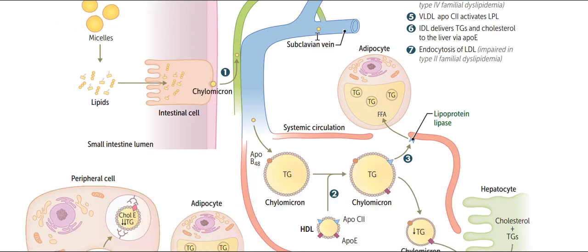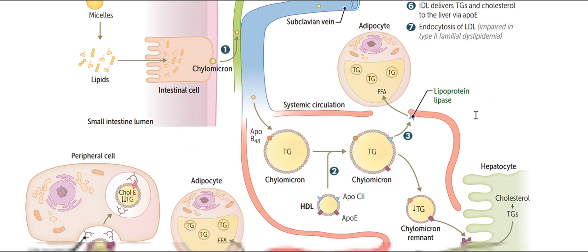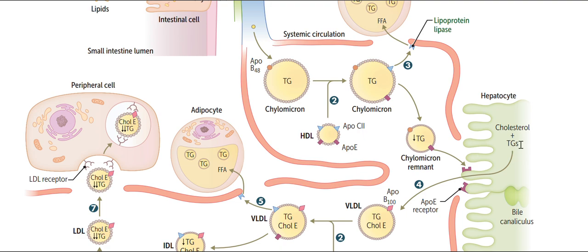Now, in the subclavian vein, the chylomicrons have three places they can go. Either they go to the adipose tissue, where they can deposit some of the triglycerides and cholesterol for storage, or they could go to the muscles, where they can give some triglycerides and cholesterol for energy. And the third location is the hepatocytes.